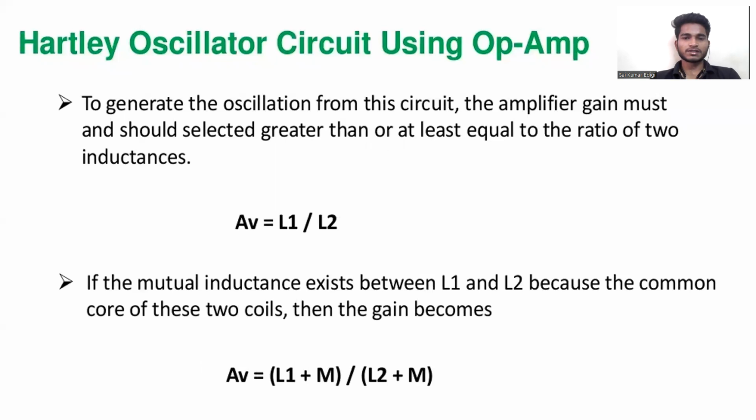To generate the oscillation from the circuit, the amplifier gain must be selected greater than or at least equal to the ratio of the two inductances. That is, voltage gain AV equals L1 by L2. If mutual inductance exists between L1 and L2 because of the common core of these two coils, then the gain becomes AV equals (L1 plus M) by (L2 plus M).